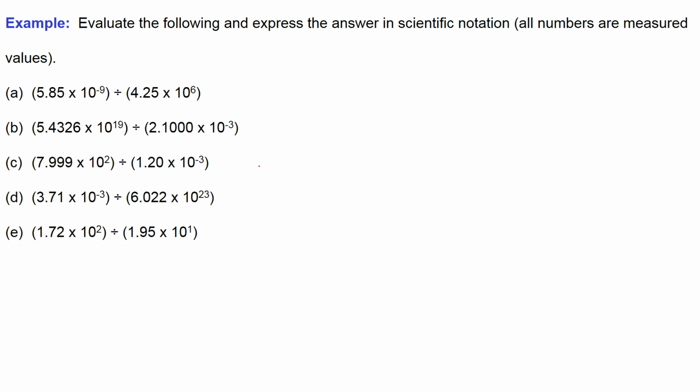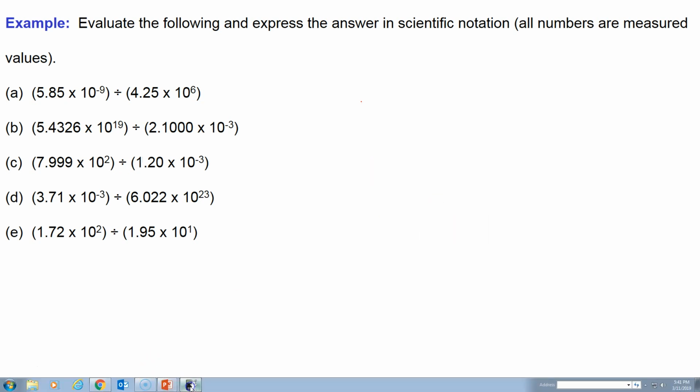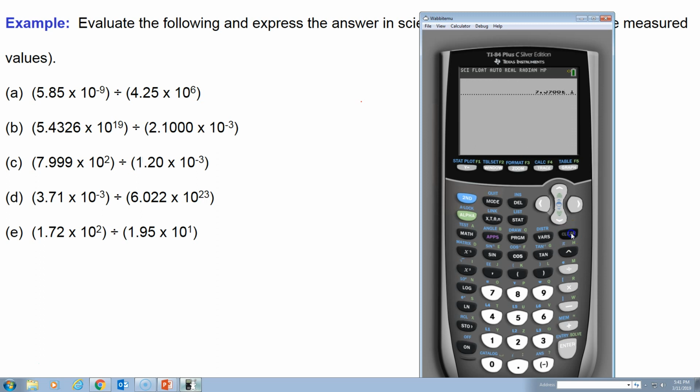So division is done the same. The nice thing about using the scientific notation feature on your calculator with division is you don't have to put things in parentheses. So please get into the habit of using the E button on your calculator and not entering in times 10 to the power of every time, because that can lead to some pretty big errors if you happen to do it incorrectly.